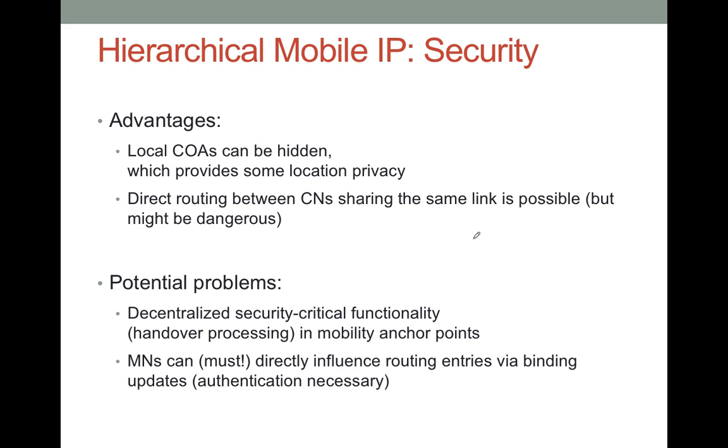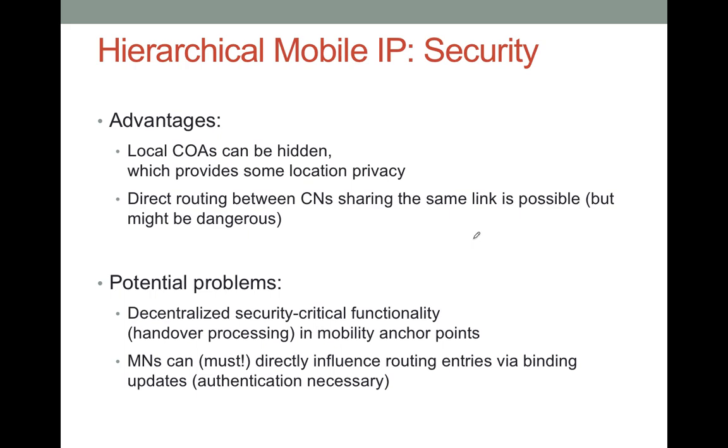Direct routing between counterparts sharing the same link is possible, but might be dangerous. Why? Because you don't know who is contacting, since the care-of address is hidden by the network.